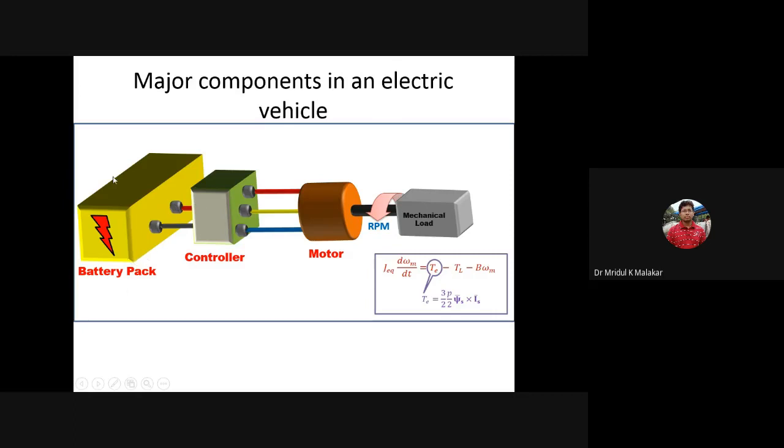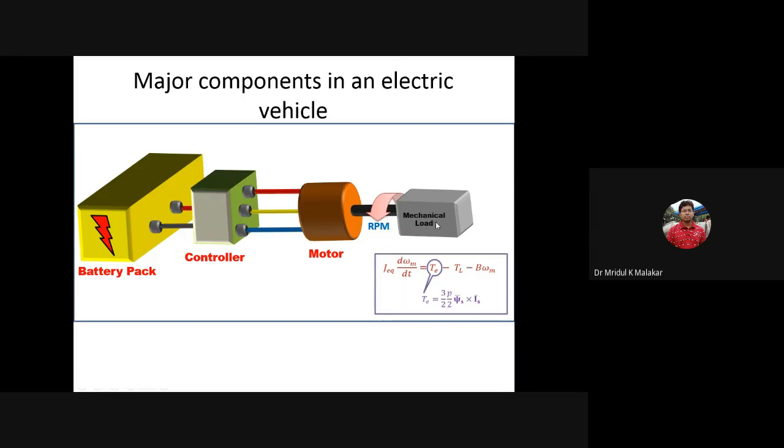If I give supply from a source, meaning an electrical network source or system source, then instead of the battery pack I can give the source directly to the controller. For any motion control we need one actuator, called the motor actuator, the electrical actuator. So I have to control this actuator through the controller, to control the mechanical load.